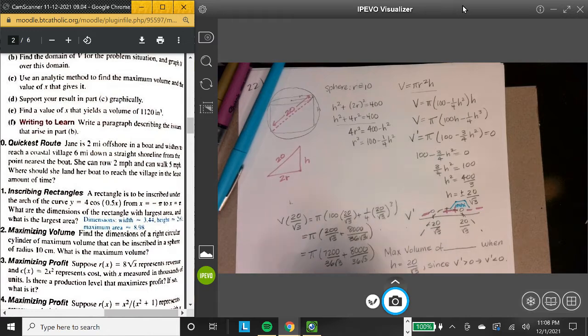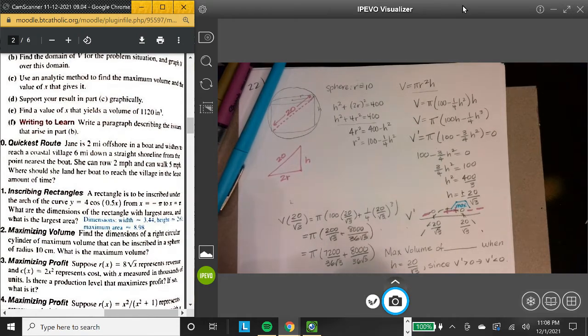So they have the same denominator now. So that's going to be 15,200 pi over 36 root 3. 15,200 divided by 36 doesn't go nicely. I'm getting 3,800 pi over 9 root 3.